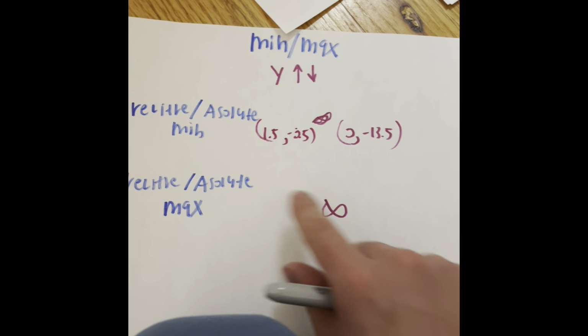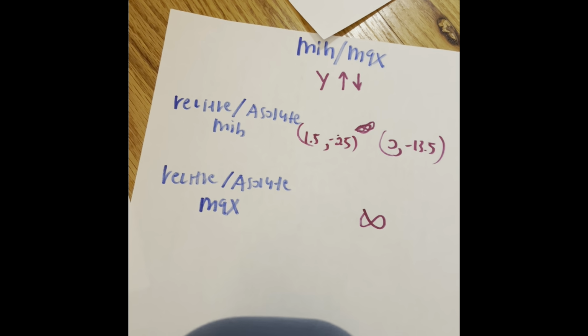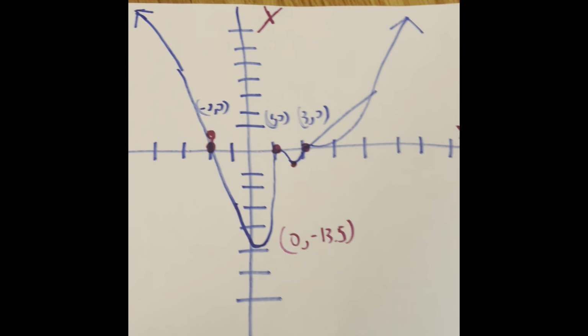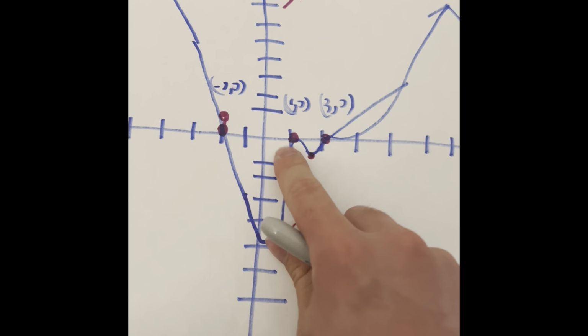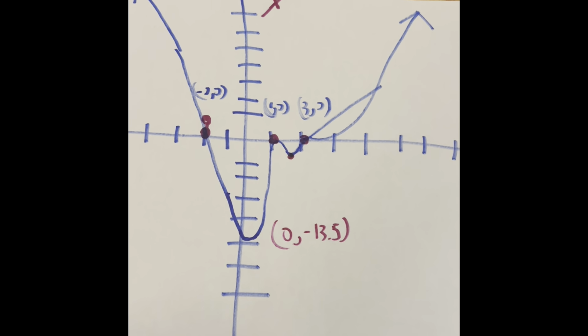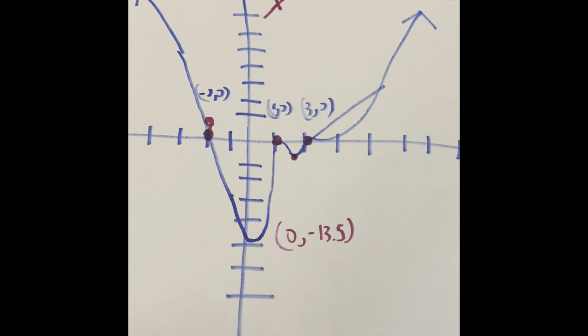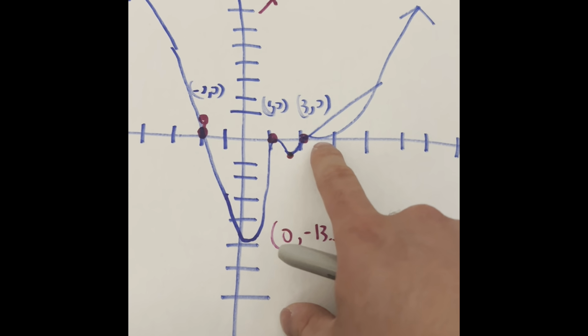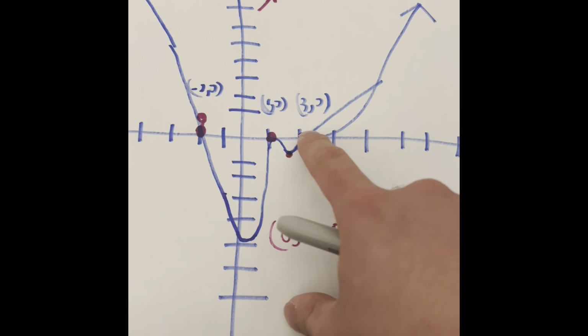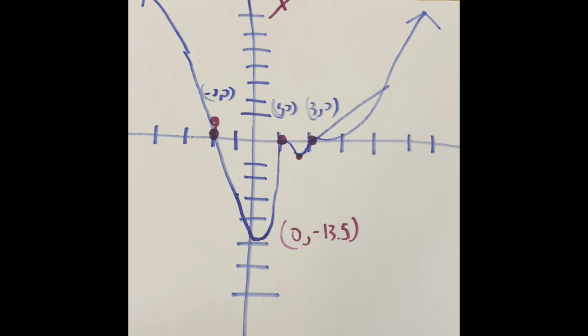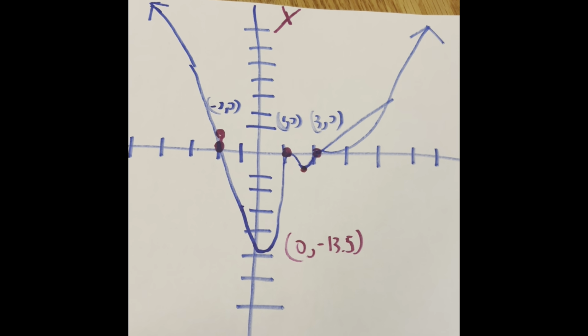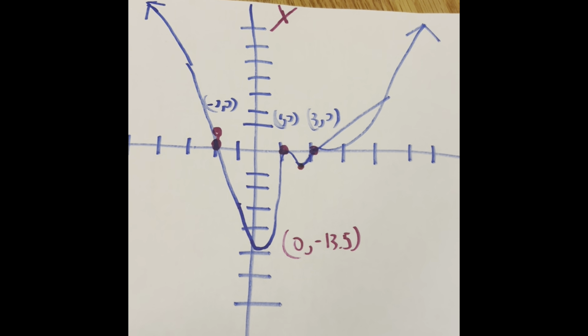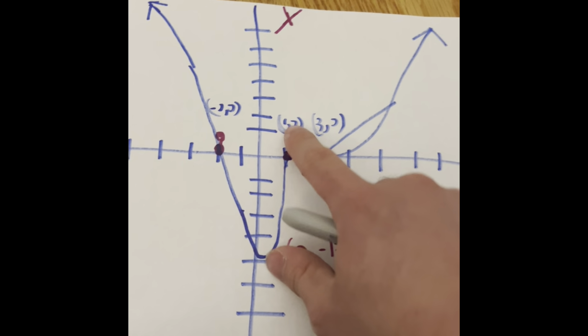We found the absolute maximum, but what about the relative max? Well, we have one right here, and that is going to be, we have a max right here, and a max right there. So we can say that the x-intercepts are also the maxes too. Well, just these two.